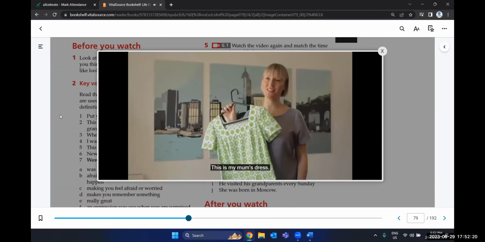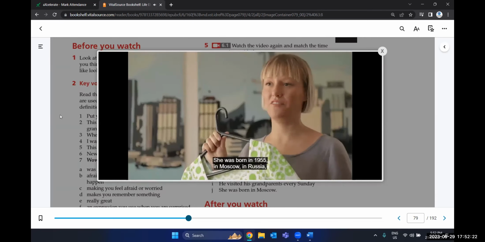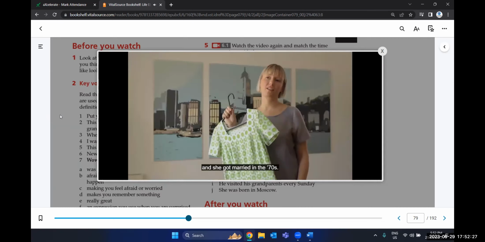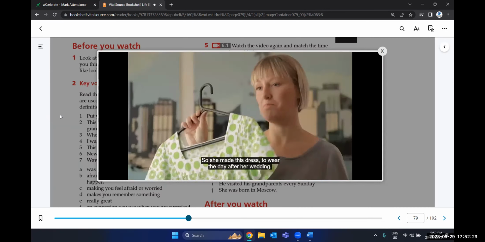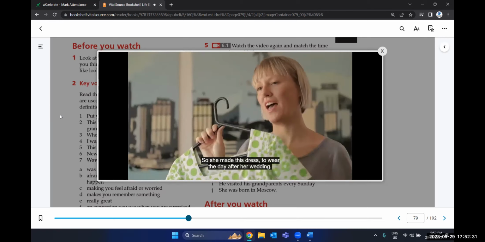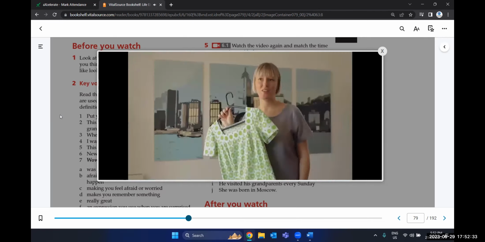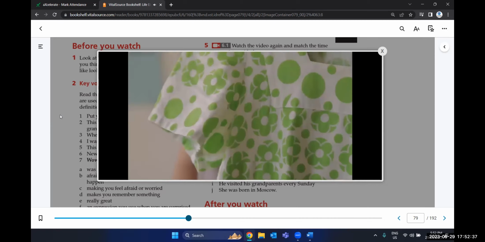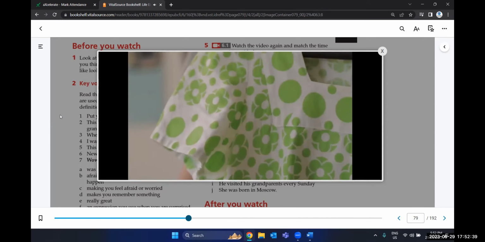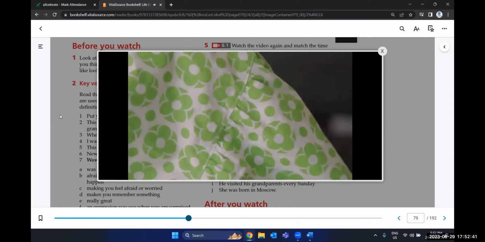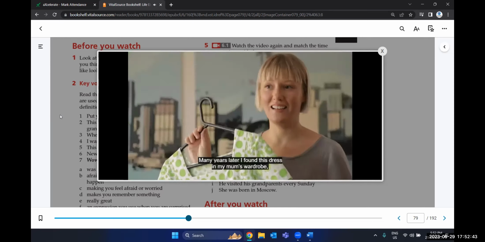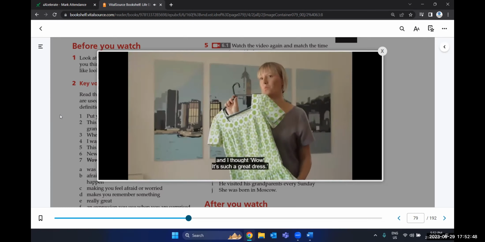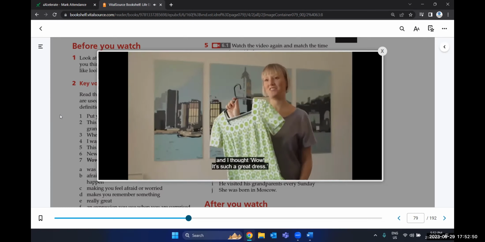This is my mum's dress. She was born in 1955 in Moscow, in Russia. And she got married in the 70s. So she made this dress to wear the day after her wedding. She got married in the summer, so it was very hot. Many years later, I found this dress in my mum's wardrobe, and I thought, wow, it's such a great dress.